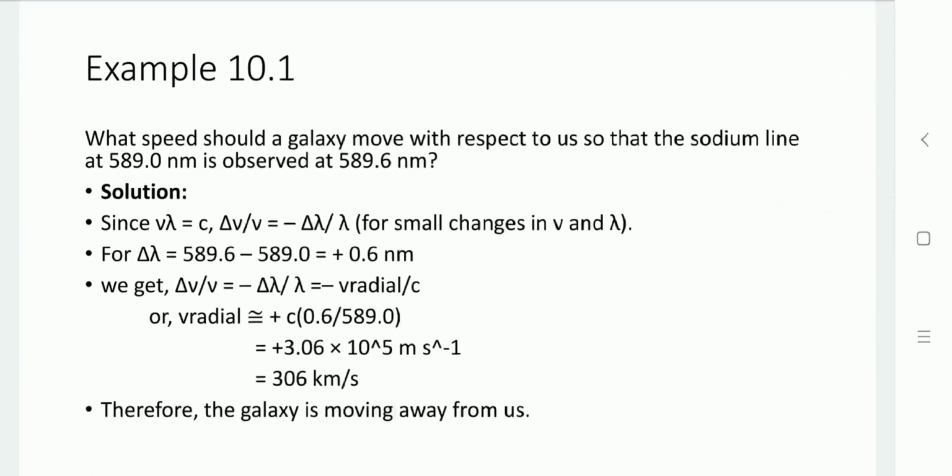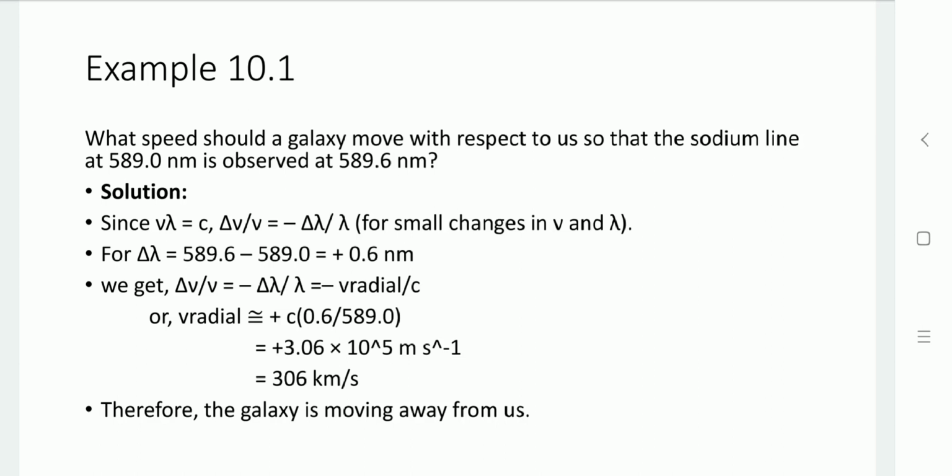At what speed does a galaxy move with respect to us so that the sodium line at 589 nanometer is observed at 589.6 nanometer? So here a change in the wavelength is observed. Actually it is 589 nanometer and it is observed at a different value, 589.6 nanometer. So the change in wavelength, the difference of measured minus actual, is equal to 0.6 nanometer.